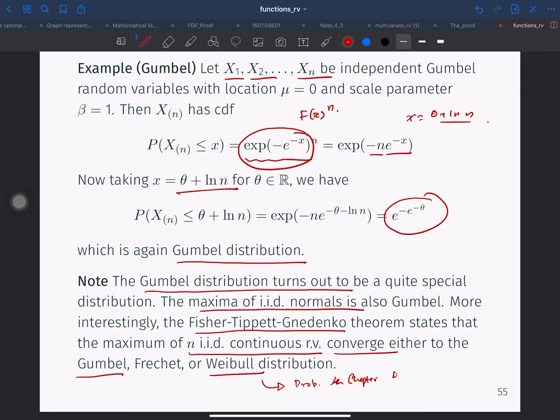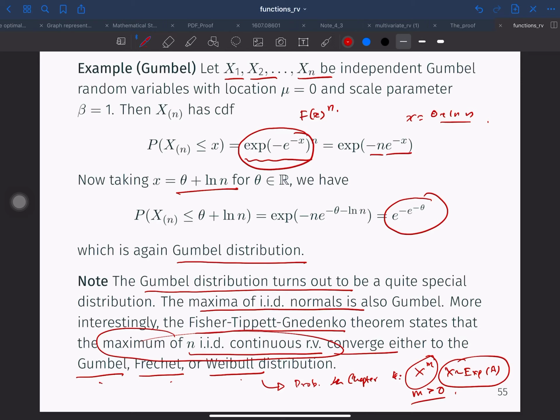So the Weibull is basically X to the power of m, where X is exponential and m is bigger than 0. So in chapter 4 we see that a power of an exponential is a Weibull. And the Fréchet is another distribution, but you have not seen the Fréchet before, and we will not have time to discuss it. But in any case, the maximum of random variables converges either to Gumbel, Fréchet, or Weibull.